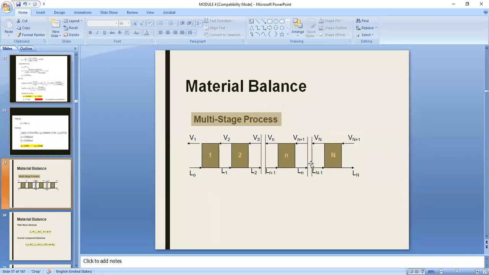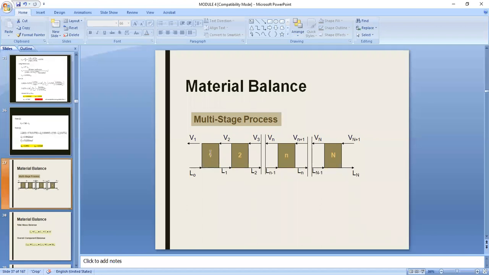The material balance that was shown to you is for a single stage process. The same principle actually applies for a multi-stage process. So you have your stage 1 to stage capital N, and the small letter n refers to a particular stage in our multi-stage process. Notice the labeling is the same as in single stage processes.